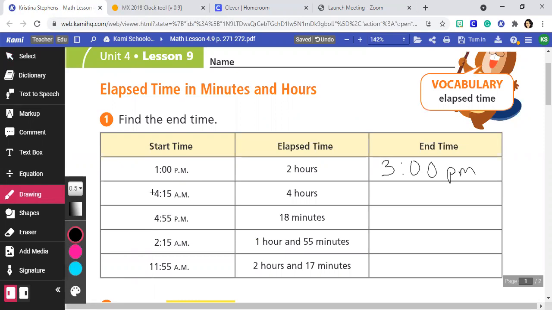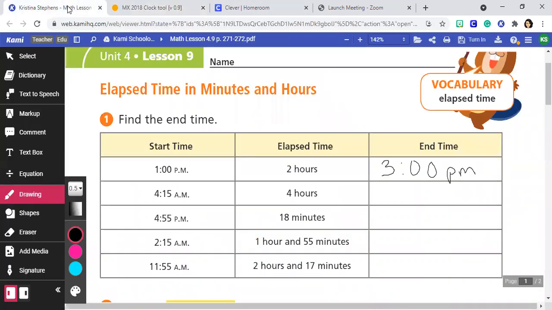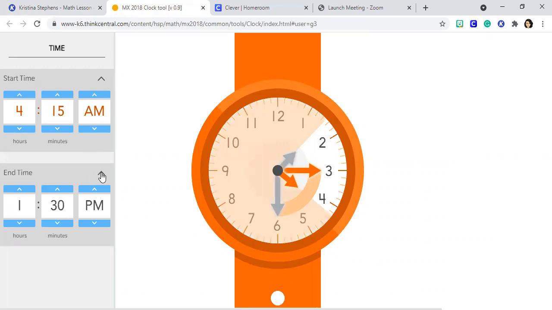Looking at the next one. We're going to start at 4:15 a.m. and the elapsed time is 4 hours. Well, this time I think I'm going to set this to 4:15. Was it a.m.? Yeah, it was a.m. And that's important for us to use today.